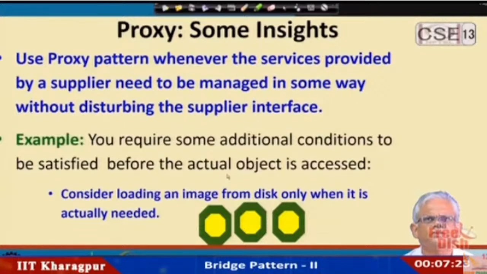Basically, the proxy helps to implement some additional conditions to be satisfied before the server object is accessed. Let us say we have various pictures displayed here. These basically are the proxies. If you click on a picture, it will show the picture.